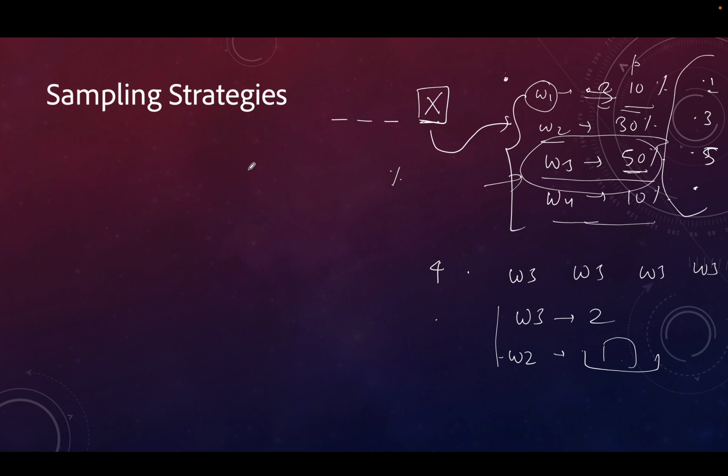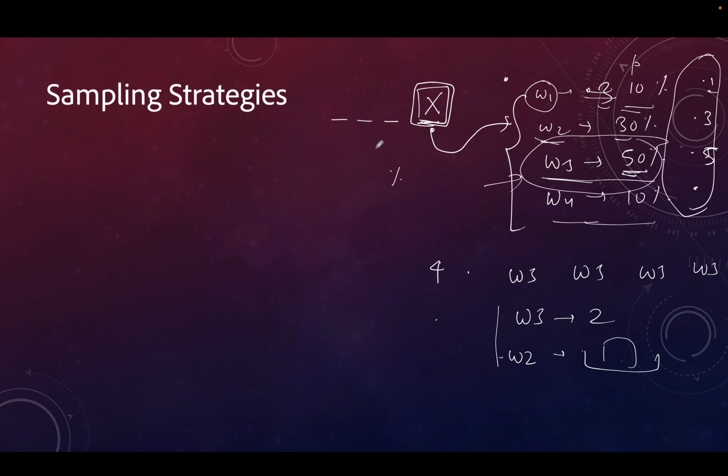I might have confused you, but this probability denotes the probability calculated by the model for which word is most likely. And while picking, instead of just seeing the probability and picking the highest one, just sample them in such a way that W3 has a probability of being picked 50% of the time, W2 has a probability of being picked 30% of the time, and so on.